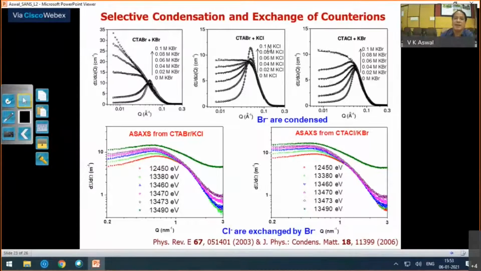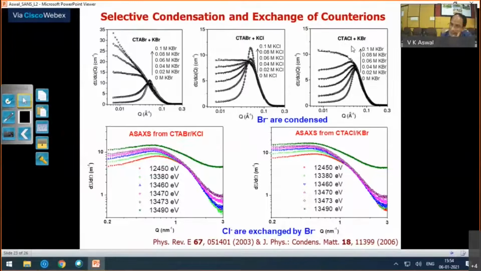While in the case of chloride, nothing happens, because although their bare size is smaller than the bromide counterions, because of larger hydration of these chloride counterions, they are much bigger in size. In that case, they are not able to condense. So you don't have a strong buildup of scattering intensity as seen in the case of bromide counterions.